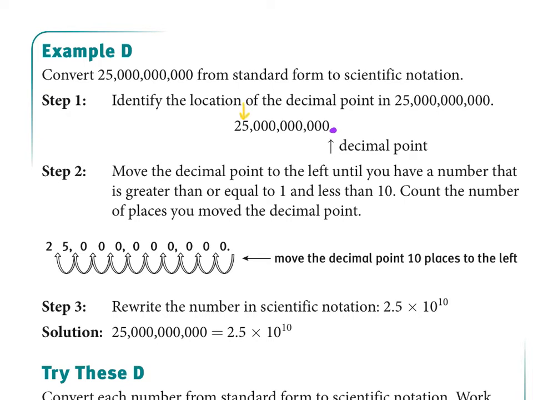I want it to be 2.5 times 10 to some power. So we just have to count it back. 1, 2, 3, 4, 5, 6, 7, 8, 9, 10. So 10 times. If our a value is 2.5 and we multiply it times 10 to the 10th power, that would move it all the way back to where it needs to be. So that should be our answer. We're really just counting how many decimal places we had to move that decimal.